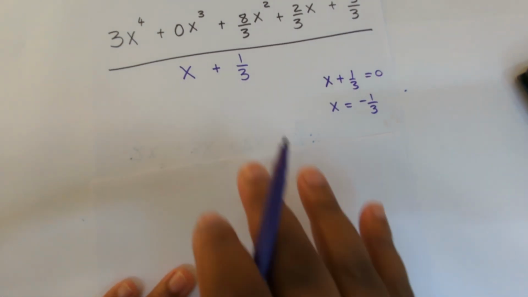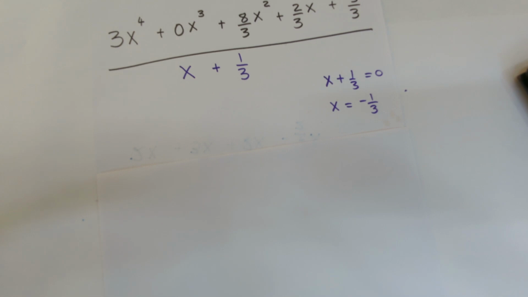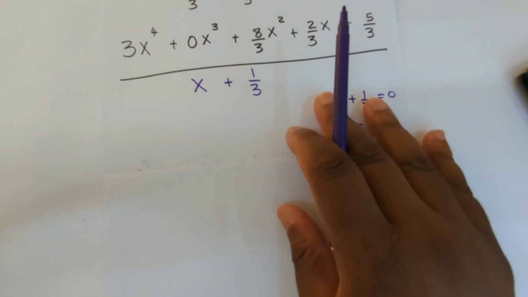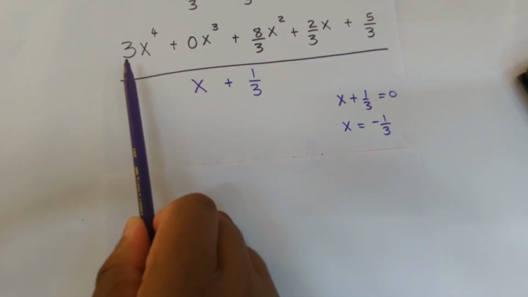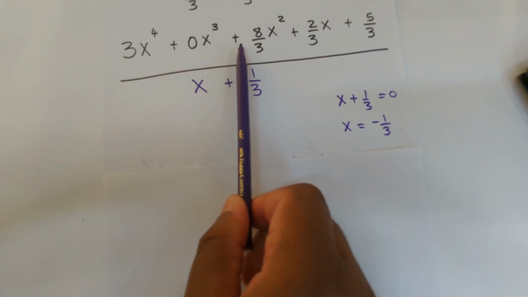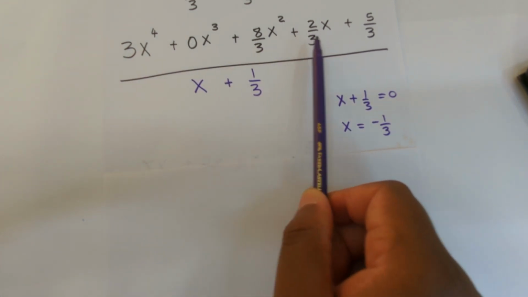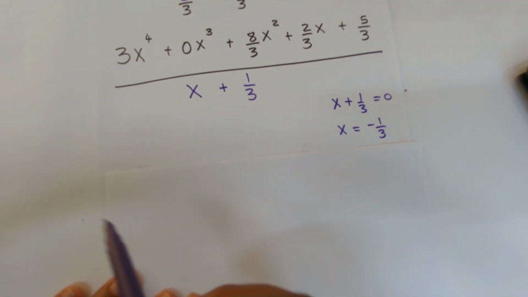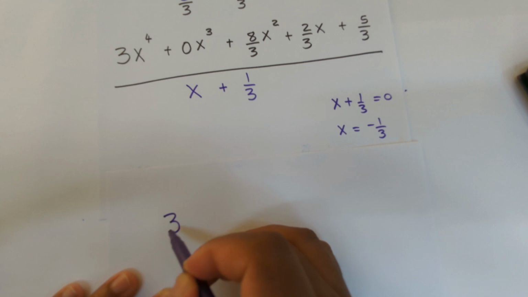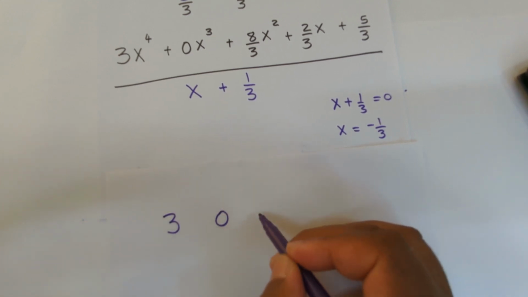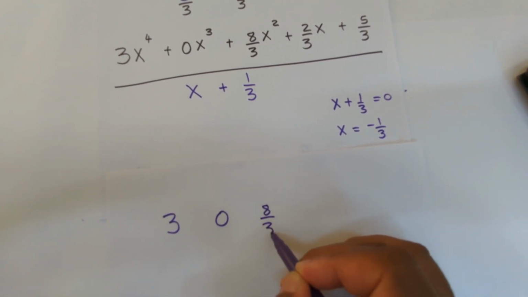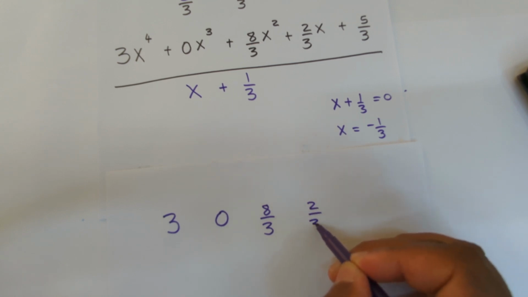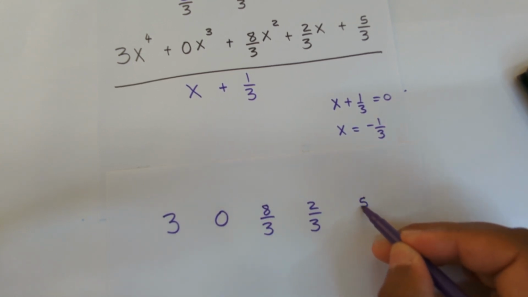Now let's write our coefficients of our variable x from the dividend. So we have 3, 0, 8 over 3, 2 over 3, and lastly 5 over 3. So let's write here 3 followed by 0, 8 over 3, 2 over 3, and lastly 5 over 3.